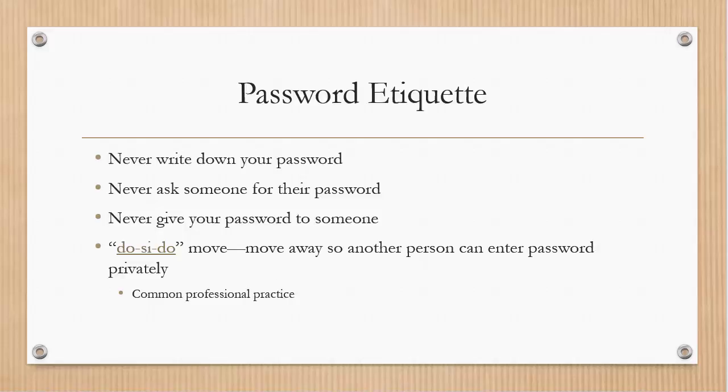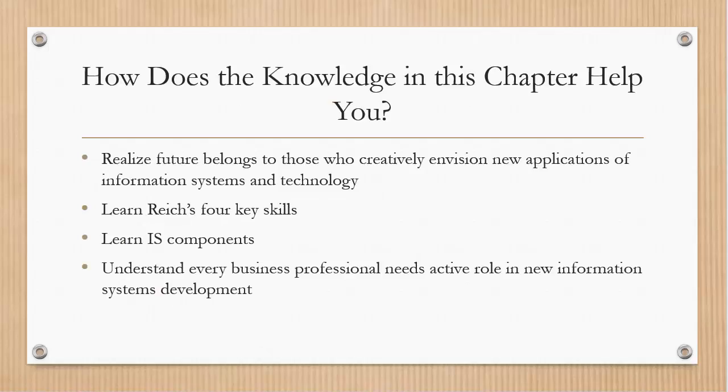So hopefully we've made the point about MIS and its importance to you in terms of the skills you learn and advancing your career if you have those technology skills. You want to learn those 4 skills that we talked about from the first slide on. You want to think about each of the different components of an IS, an information system, and that is the people, the processes, the data, the software, and the hardware.